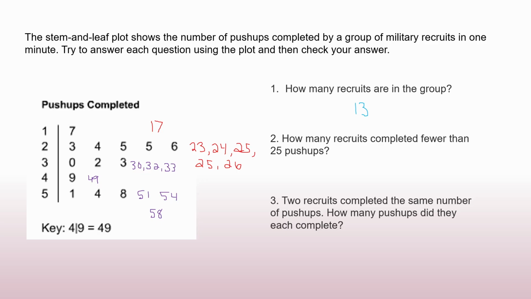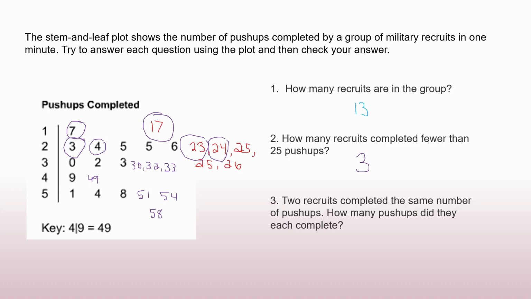If they're fewer than 25, we do not include the number 25. Let's see how many numbers we have less than 25. We have 1, 2, 3. Or you could also look at just the chart right here, and you know you have 24, 23, and 17. So we have 3 recruits that completed less than 25 push-ups.